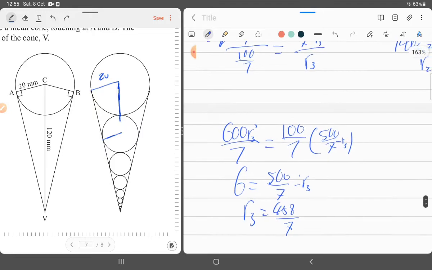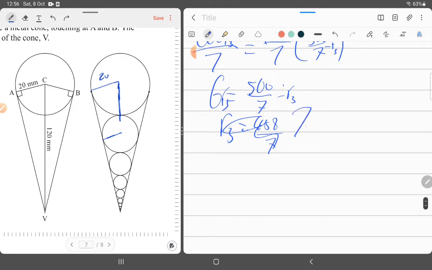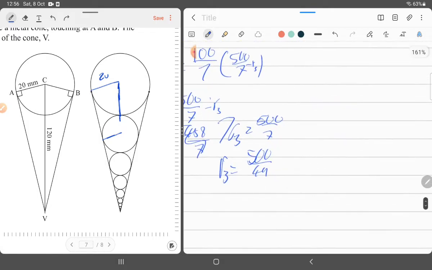Oh no, that's 6R3. Then so 7R3 is equal to 500 over 7. Therefore R3 is equal to 100 over 49. Okay.